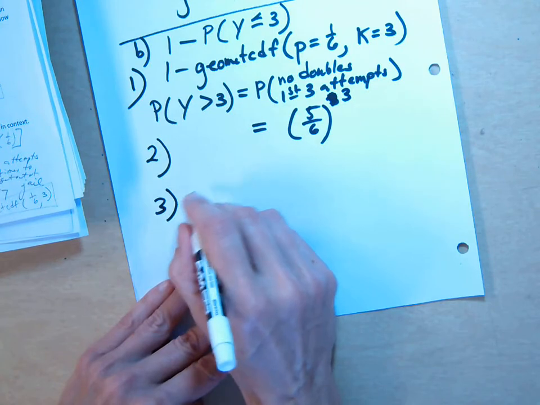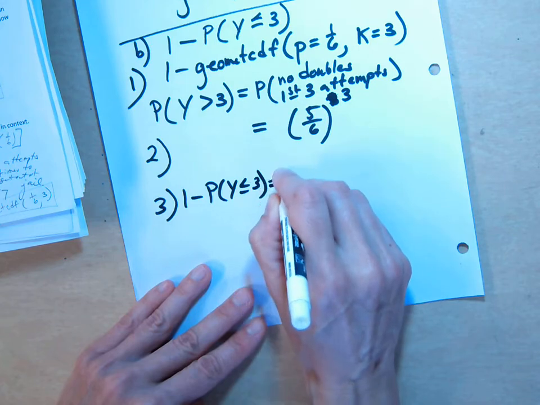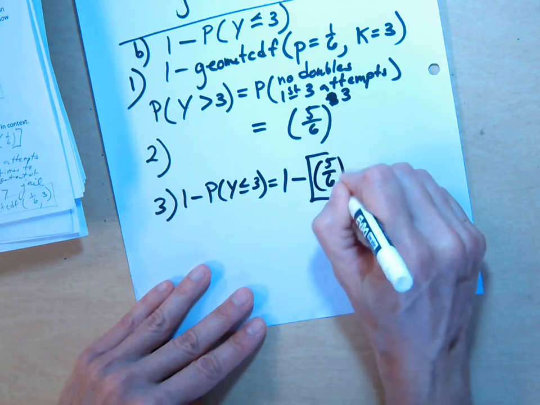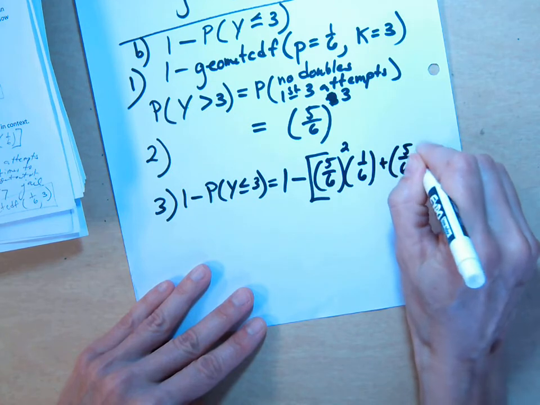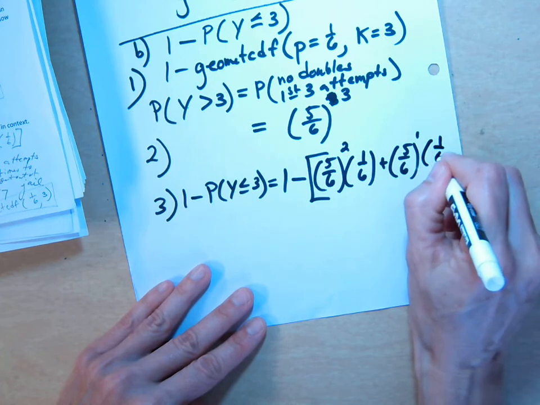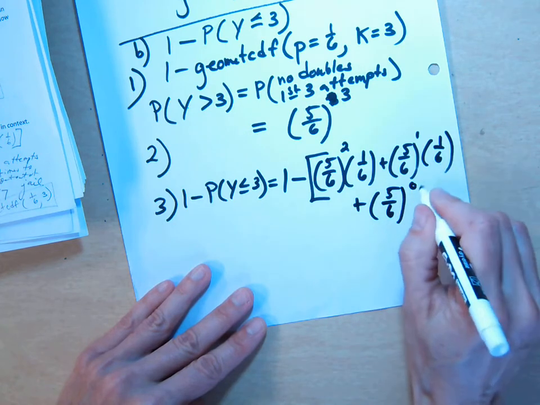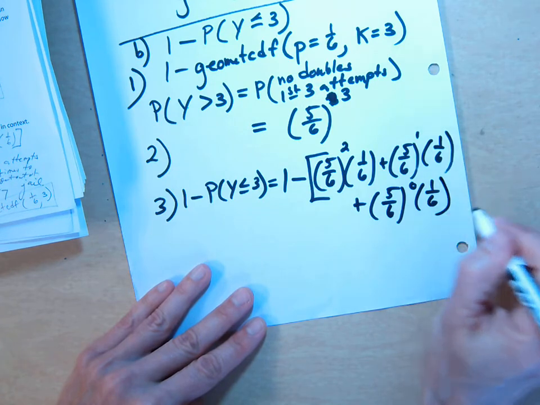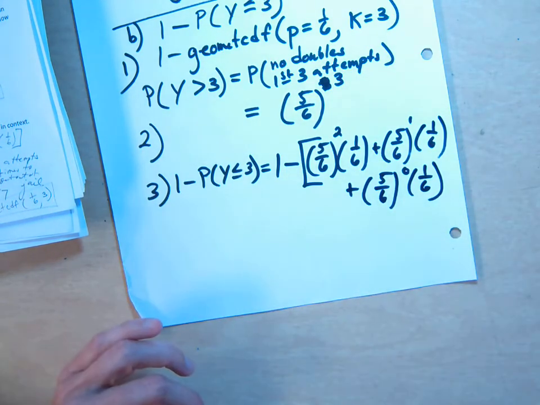You could do 1 minus the probability y is less than or equal to 3. This is good practice using the formula: 1 minus [(5/6) squared times 1/6, plus (5/6) to the 1 times 1/6, plus (5/6) to the 0 times 1/6].